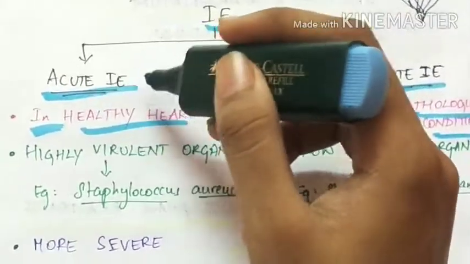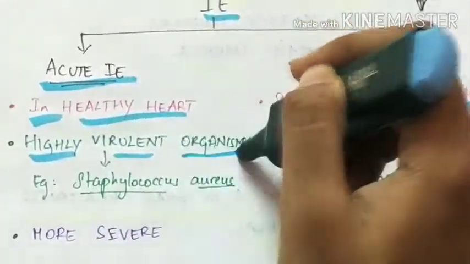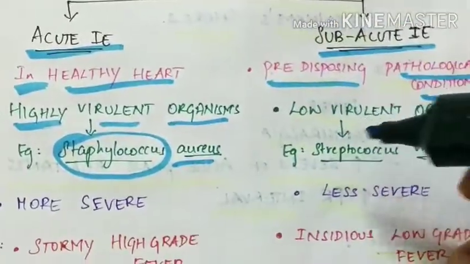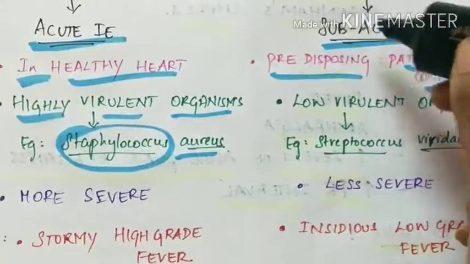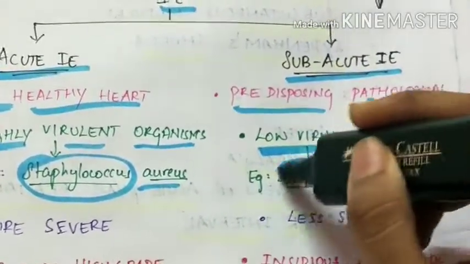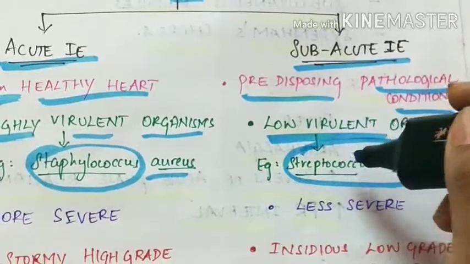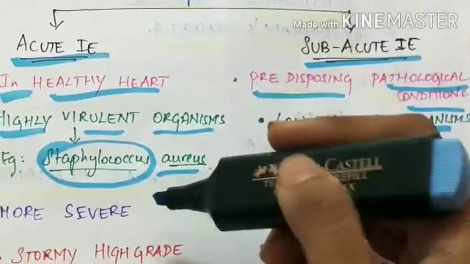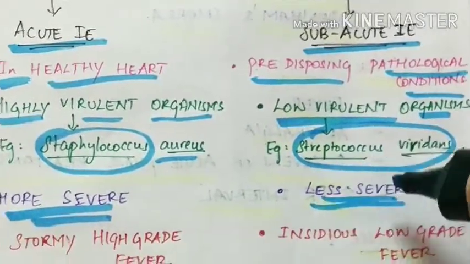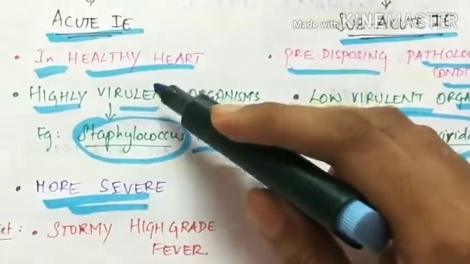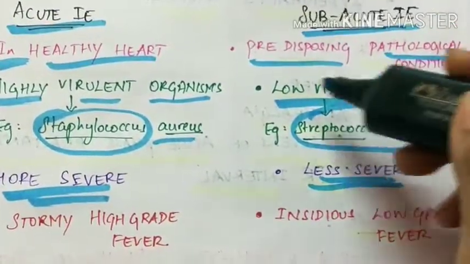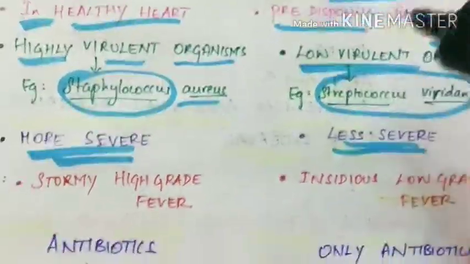In acute endocarditis, highly virulent organisms like Staphylococcus aureus are involved, and in subacute infective endocarditis, low virulent organisms like Streptococcus viridans are involved. Acute is more severe because highly virulent organisms are involved, and subacute is less severe because low virulent organisms are involved.